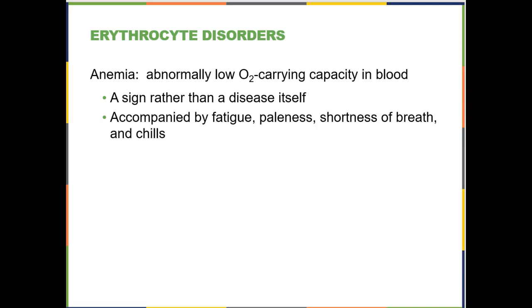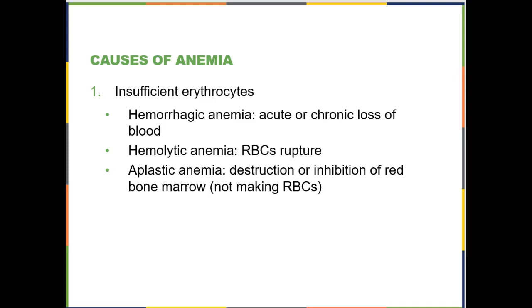Then we have just a couple of erythrocyte disorders, or just one, anemia. So anemia, as this says right here, is low oxygen carrying capacity in the bloodstream. It can be caused by lots of different things. So there are different kinds of anemia, which we will cover.